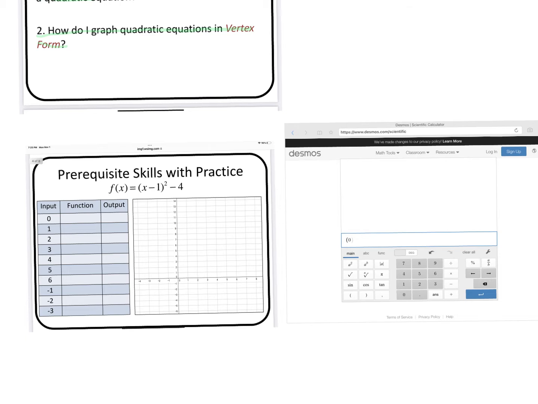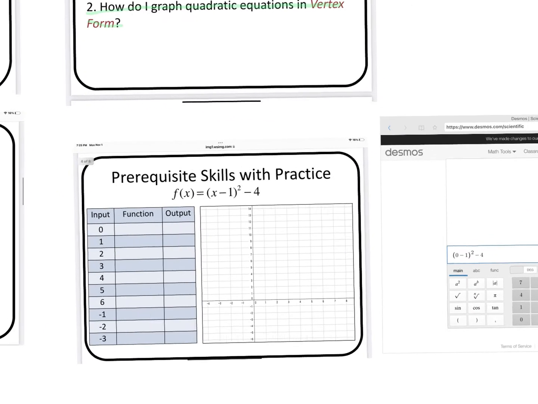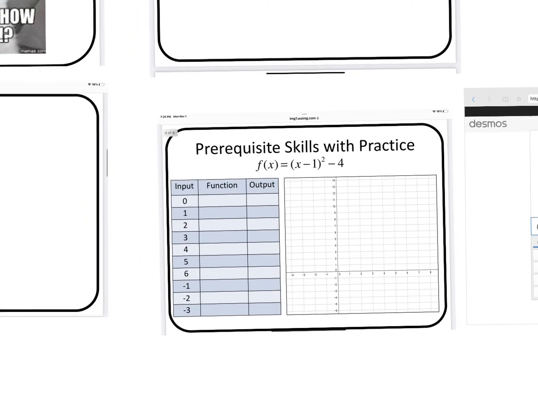So 0 minus 1, okay? And I'm going to go squared minus 4. And that's going to give me a negative 3. So let's put that into what we have going on over here. I'm going to zoom in a little bit so we can see the way that that's going to play out.